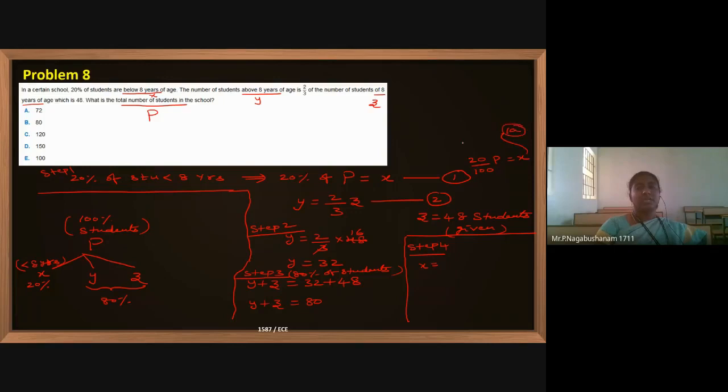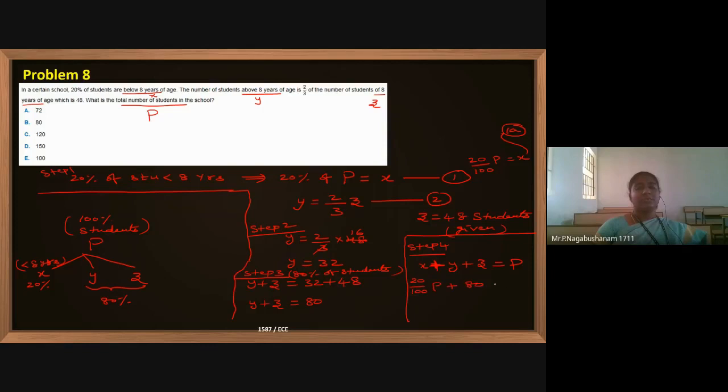Now what will I do? I will add the X value, Y value, Z value. This is the total number of students in the class, step number 4. Already X is nothing but 20 by 100 into P. Y plus Z is nothing but 80.